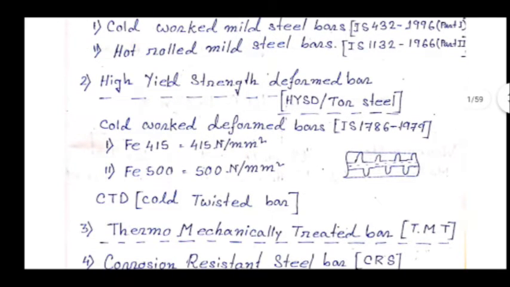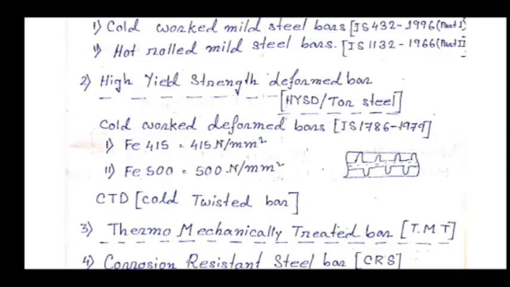There are also a few types. First one is cold worked deformed bars from IS 1786-1979. There are mainly two grades of these bars: Fe 415, that means the yield strength of that bar is 415 Newton per millimeter square or MPa, and Fe 500, that means yield strength is 500 Newton per millimeter square.